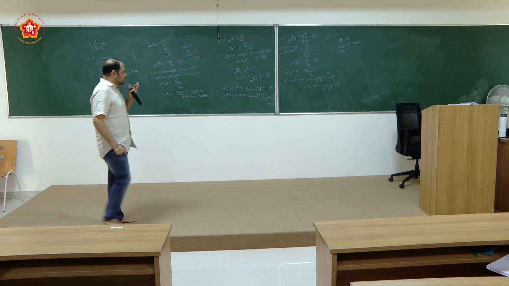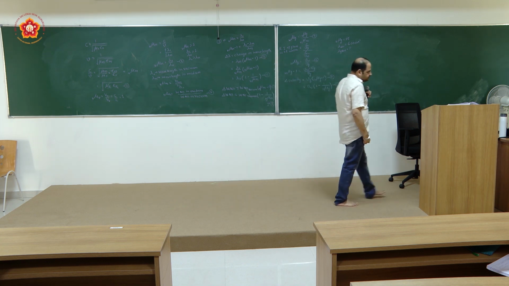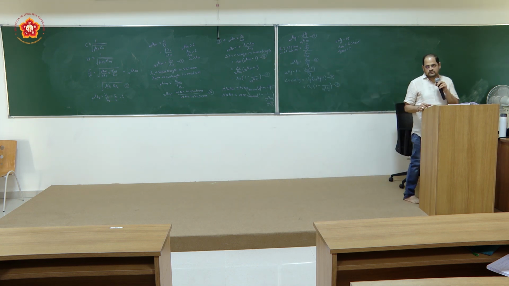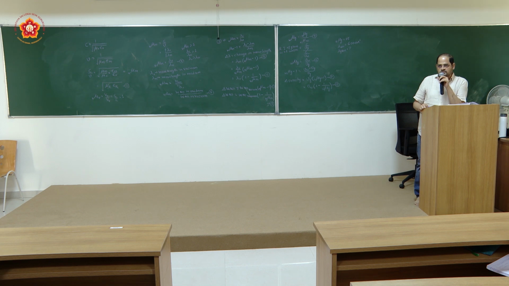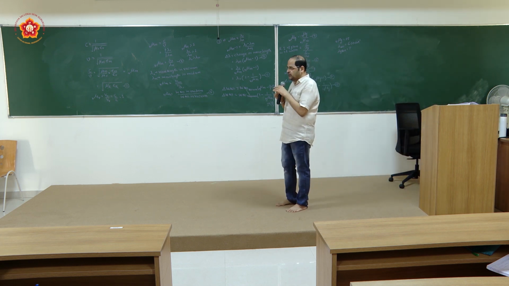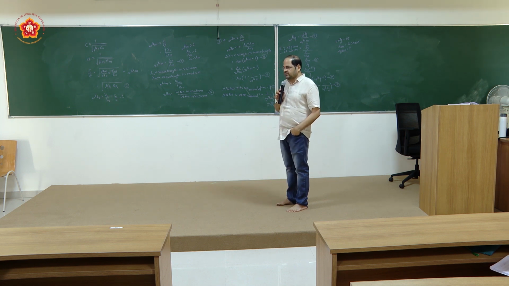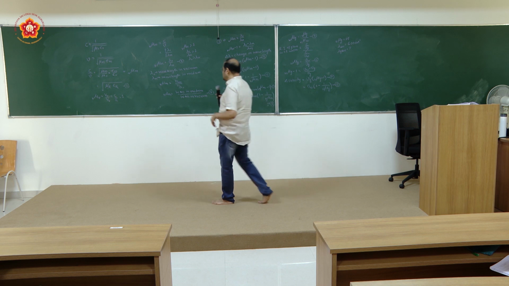You are having all things in front of you. From the board, you can calculate the value. It's easy. Nothing is to be done. The first relation that we are having, lambda 0 upon lambda m is equal to refractive index, is to be used. You are having 1.5 on the left hand side.